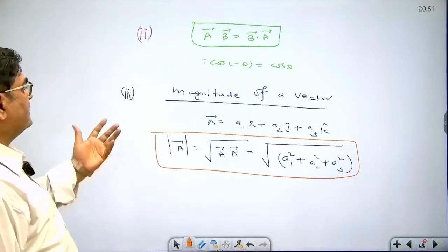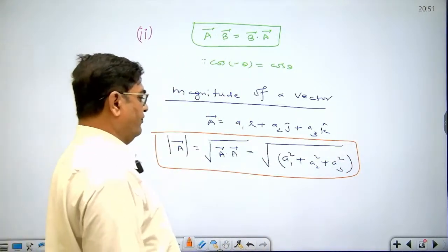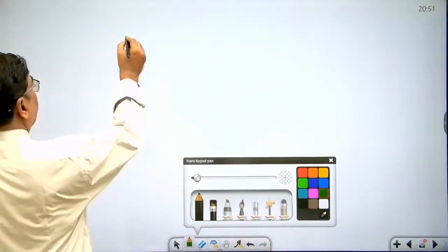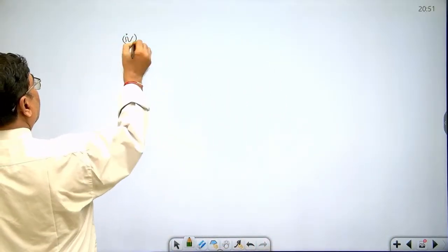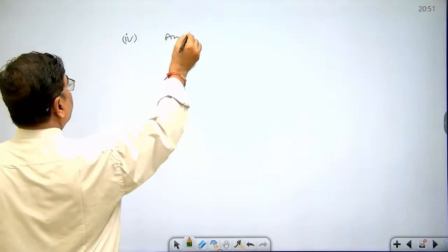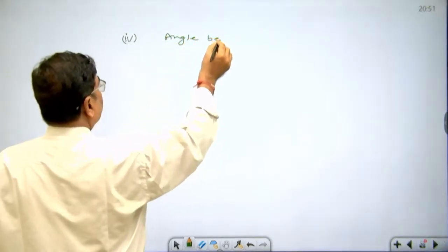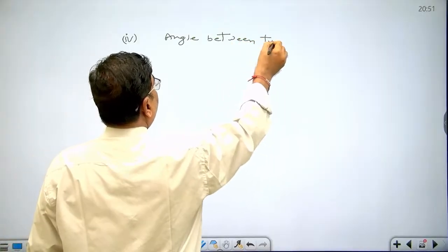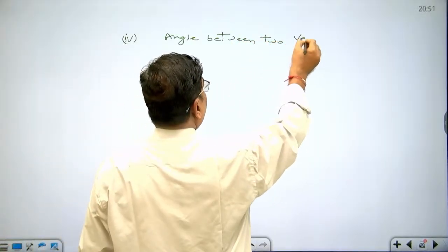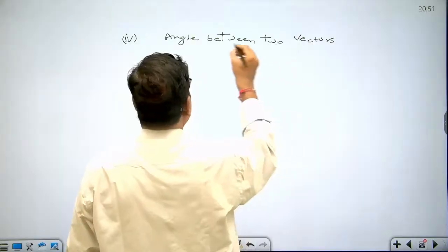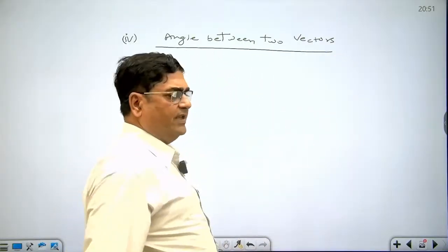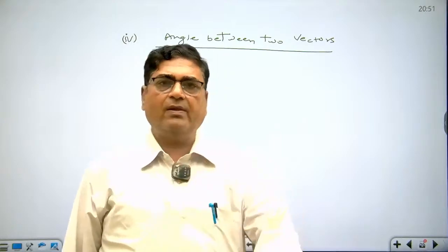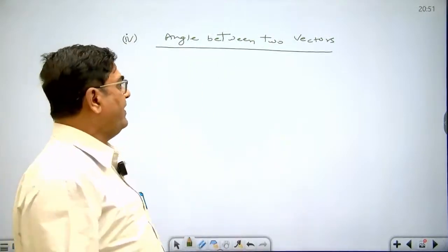Now dear student, let's see the angle between two vectors. Fourth important result, finding the angle between two vectors. Since we know A dot B equals AB cos theta, cos theta will be equal to A dot B divided by AB.